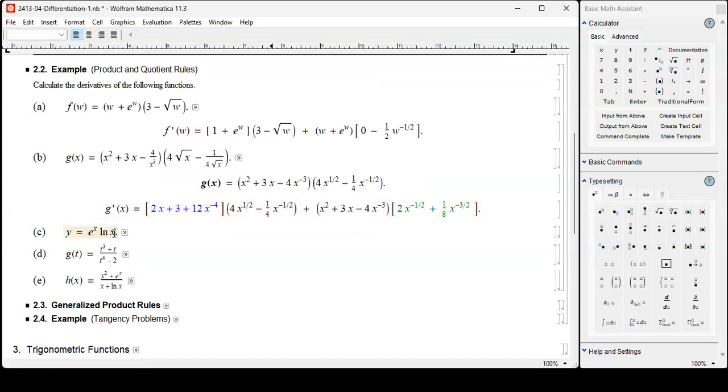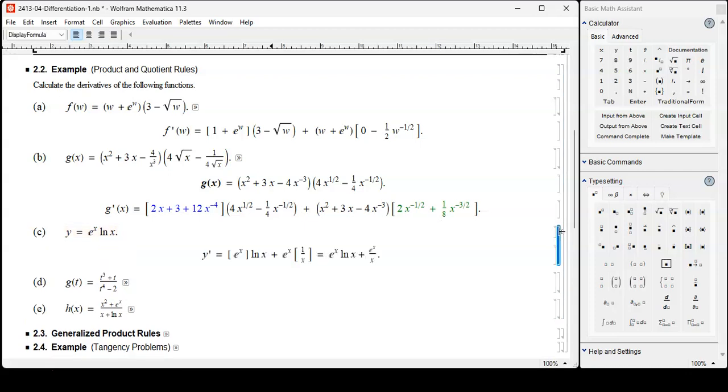Stop the playback and try this on your own. Exponential function times log function. What do you have? Well, here's the answer key. Derivative of first function, same, second function, plus first function times the derivative of the second function.